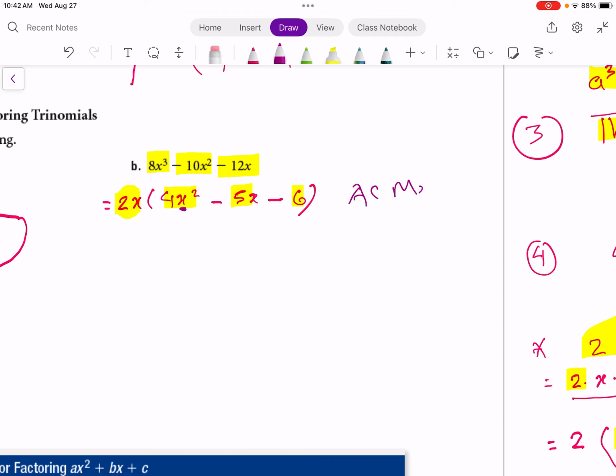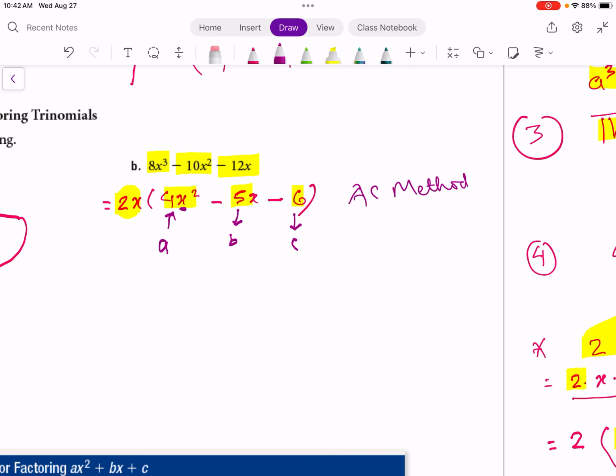So we use the AC method. This is our A. The coefficient of the squared term is always A. The constant is our C, and we use B to denote the coefficient of x.